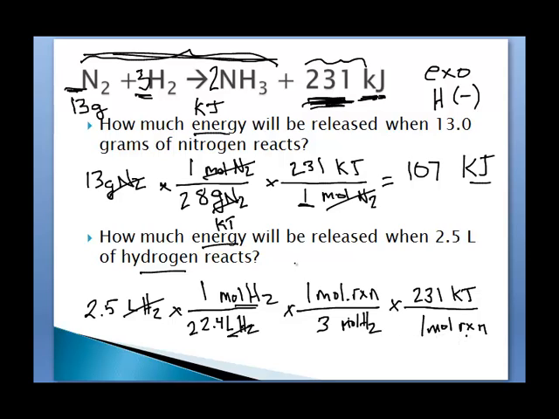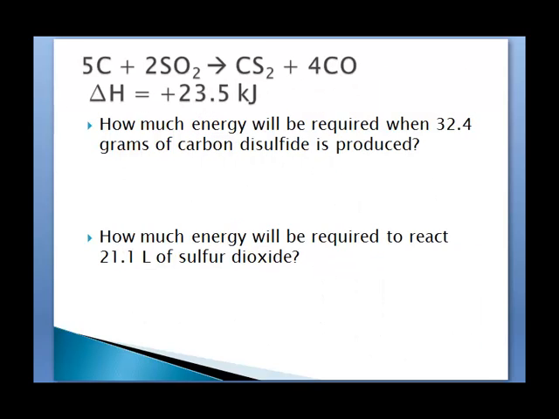Again, what you could do is just, instead of writing mole of reaction there, you could write 231 kilojoules, as long as your number in front of the moles of hydrogen matches your number from the chemical equation. Either way will work out fine. So when you do that, you're going to get 8.6 kilojoules. Alright, let's take a look at another problem.